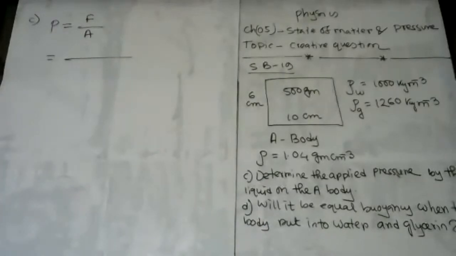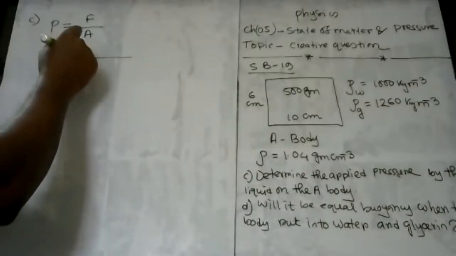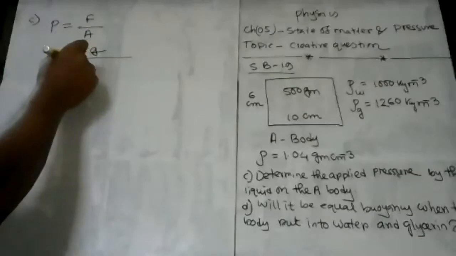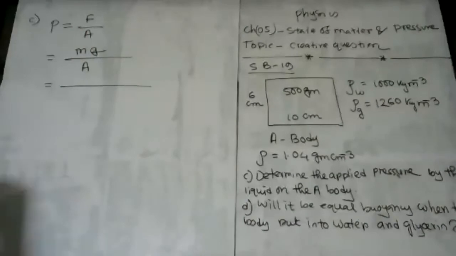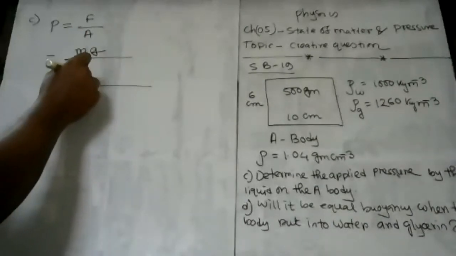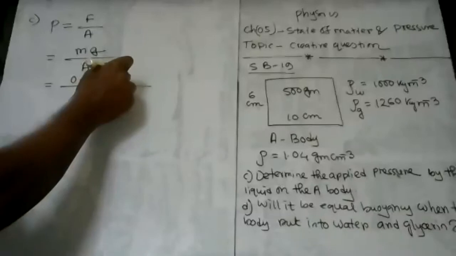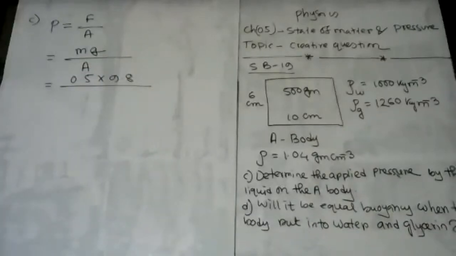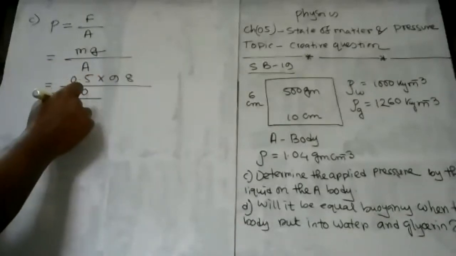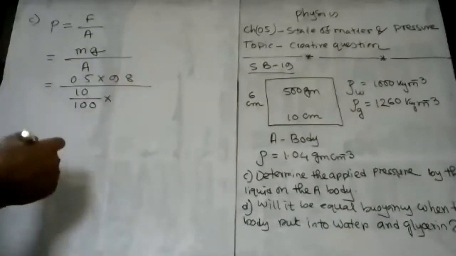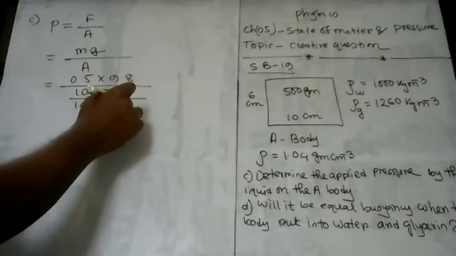So force F equals mg, divided by A. Here, mass equals 500 gram, 0.5 kg, and g equals 9.8, and area A is the product of length and breadth. Length is 10 centimeter divided by 100, and breadth is 6 centimeter divided by 100.